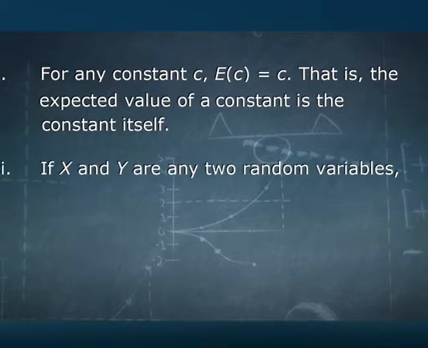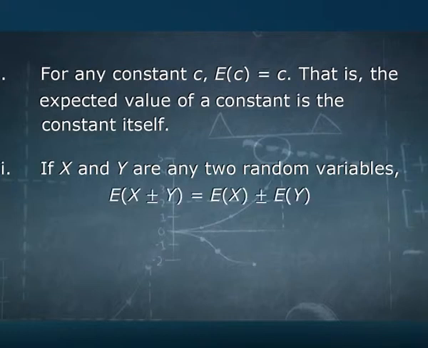Second thing, if X and Y are any two random variables, then the expected value of X plus or minus Y will be equal to the expected value of X plus or minus the expected value of Y. That is, the expectation of the sum or the difference of two random variables is equal to the sum or difference of their expectations.